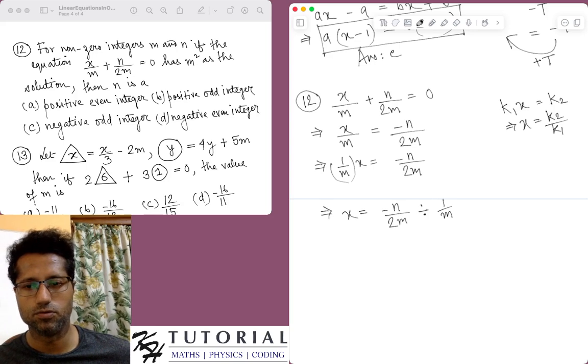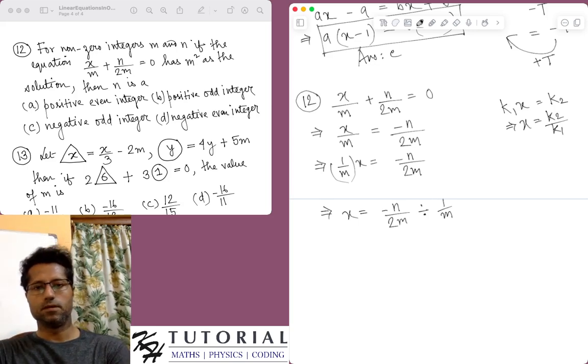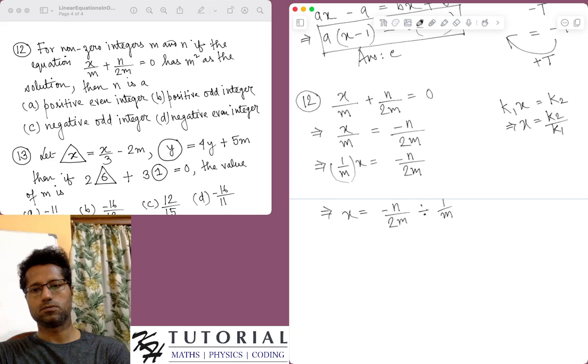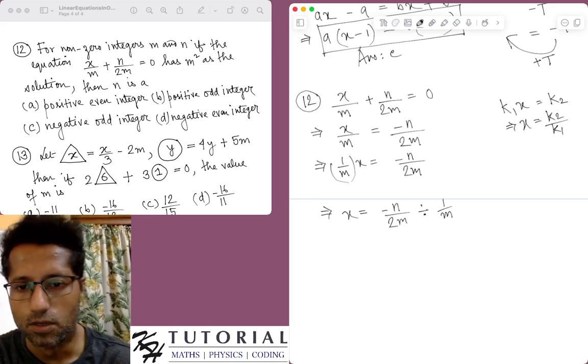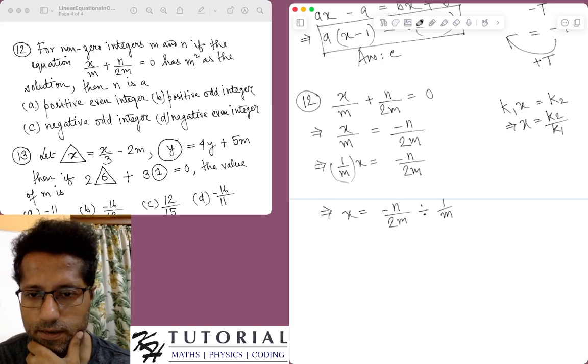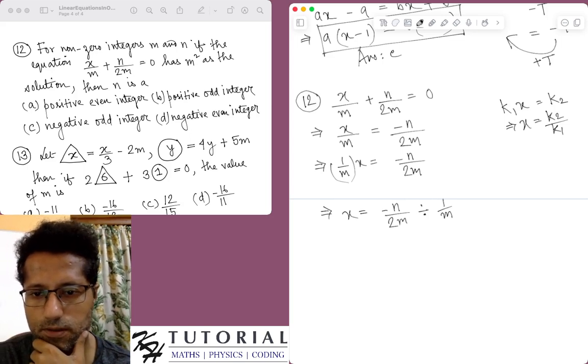Okay, so m square is the solution. So we got now x equals minus n by twice m divided by 1 by m. This is nothing but minus n by 2m multiplied by m.